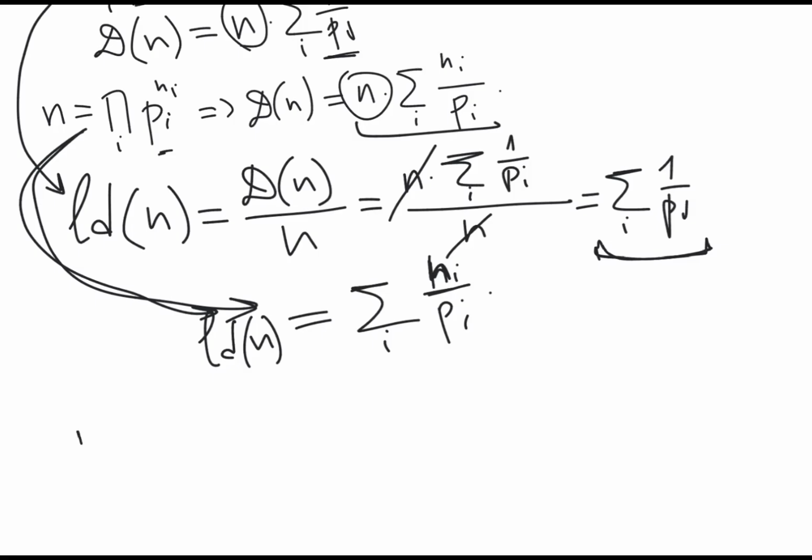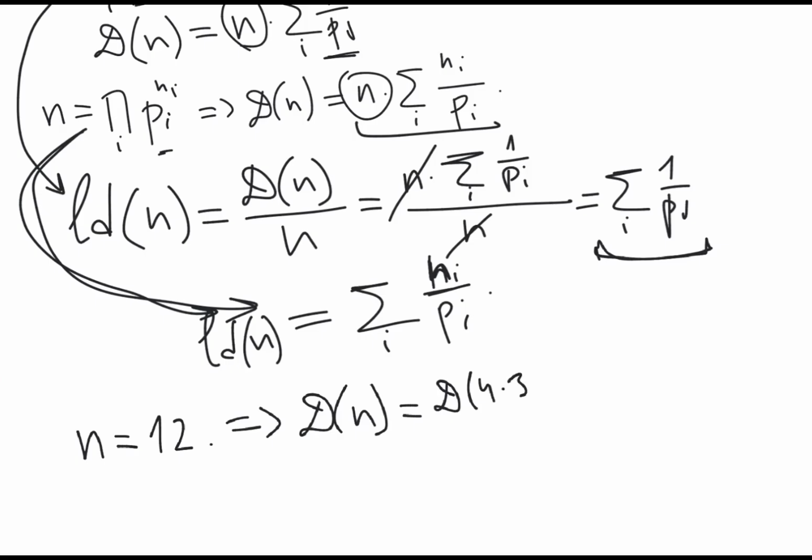So for example, if n is equal to 12, it is easy to calculate d of n, the derivative, and we can calculate it from the product rule. It's simply d of 4 by 3, right? So it is d of 4 by 3 plus 4 d of 3.